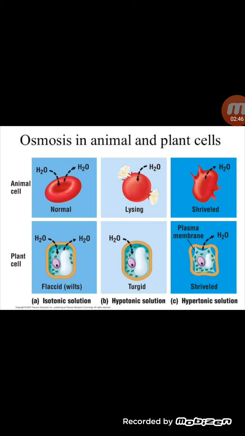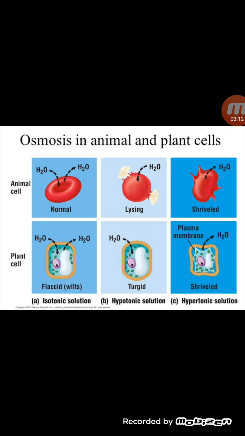In case of hypertonic solution, animal cell, if it is placed, what will happen? The water will move out of the cell, and it will cause shrinkage of the animal cell. In case of plant cell, the cell wall is there, and cell wall maintains its shape. It will not lose its shape.